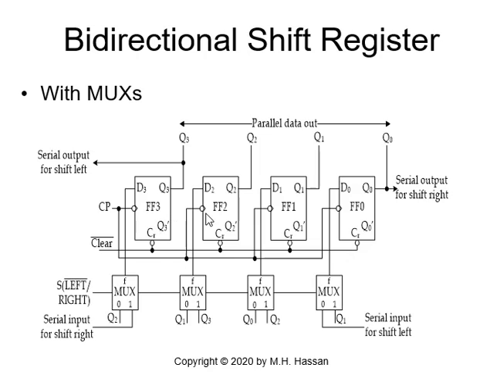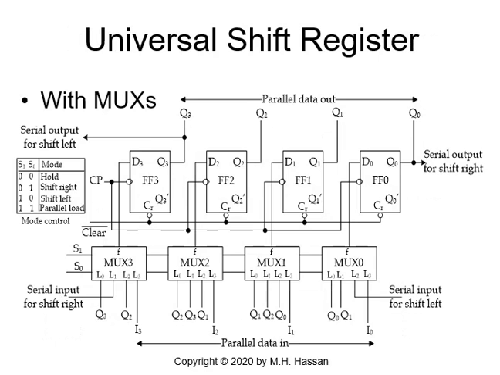If we take Q3, we are shifting right. If we take Q1, we are shifting left. And here again, we use serial input for shift right and serial input for shift left with the other multiplexers. So this is identical to the previous circuit, except we changed the 3 NAND gates to a 2-to-1 multiplexer to generate the Ds. So this is a bidirectional shift register using multiplexers.